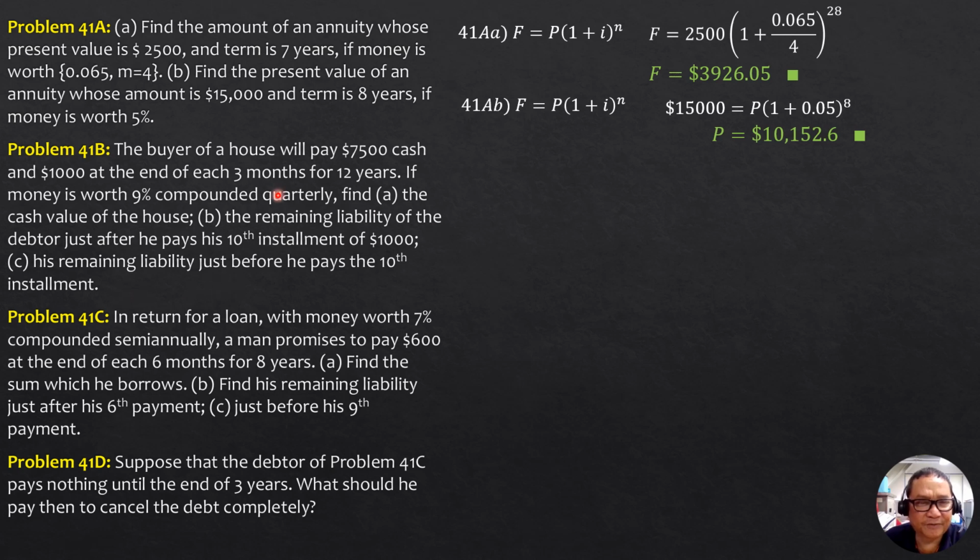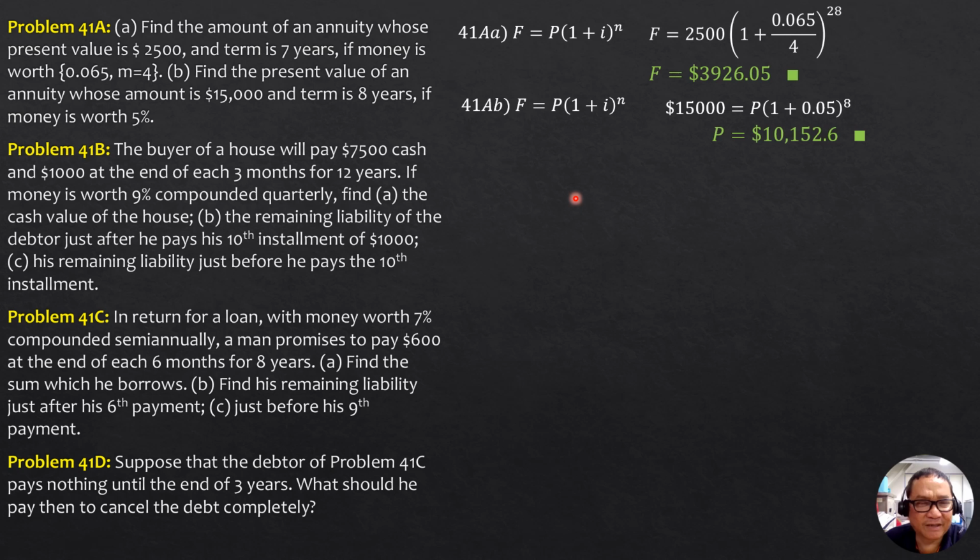So first for the cash value of the house, or the present value of the house. It is equal to P1, which is 7,500. This is cash, so this is already present worth. Then the present value of the quarterly payments of $1,000.